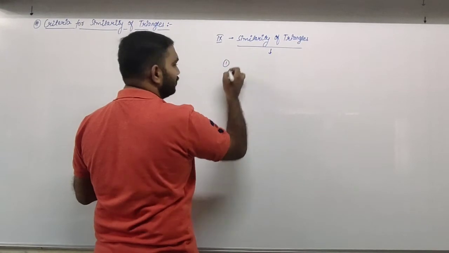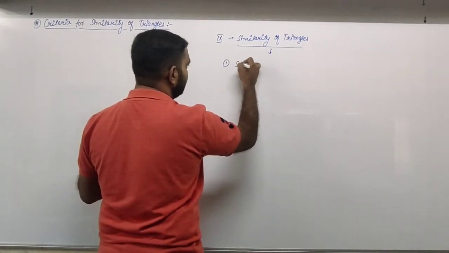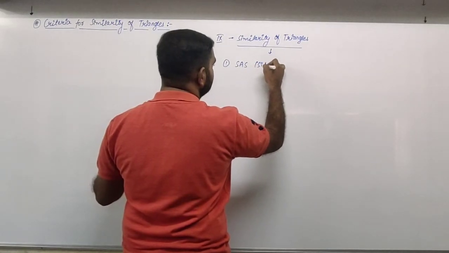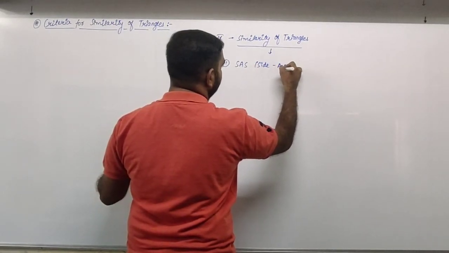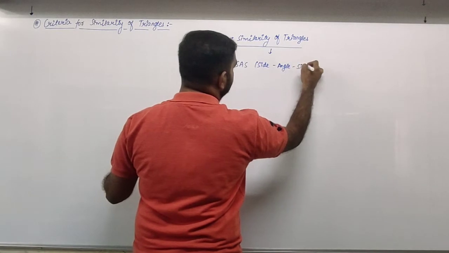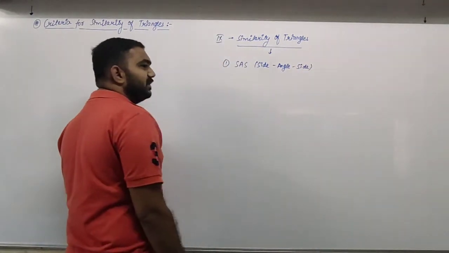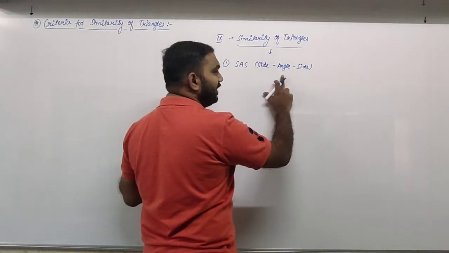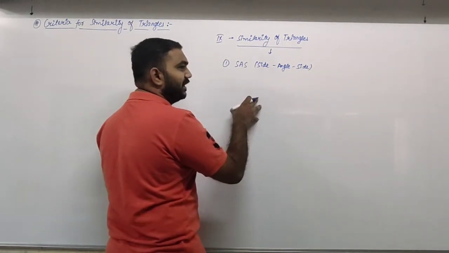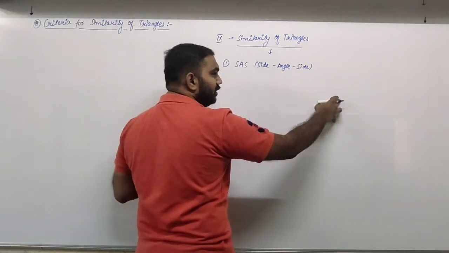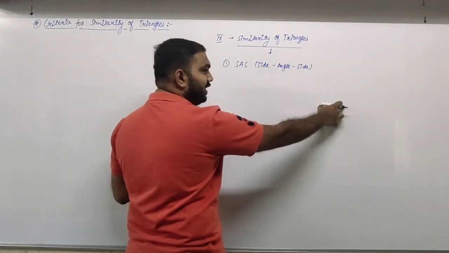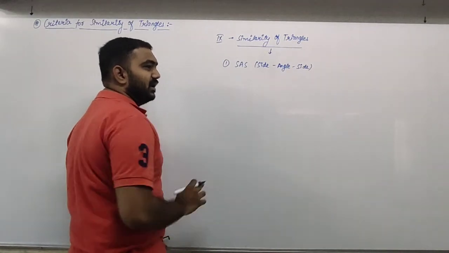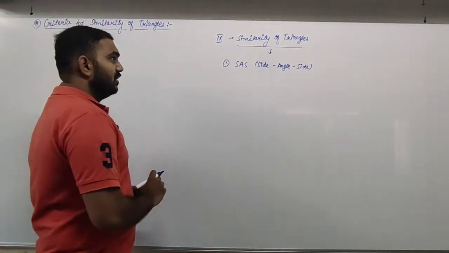The first one was the SAS similarity criterion, that is side, angle, side, right? That means if in two triangles any two sides and the included angle of the first triangle is equal to the corresponding two sides and the included angle of the other triangle, then the two triangles are similar to each other. Right?